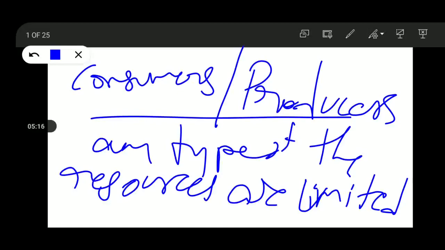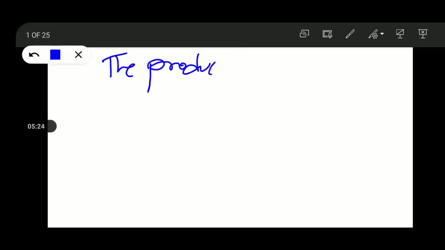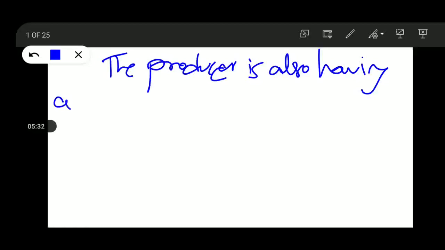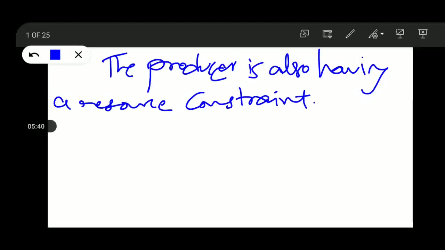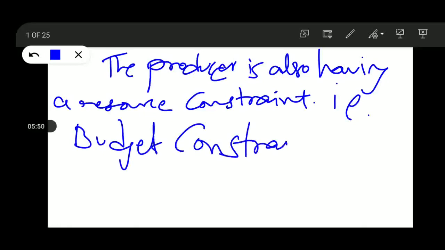So with those limited resources they have to operate. Therefore the producer also has a resource constraint, that is, a budget constraint.